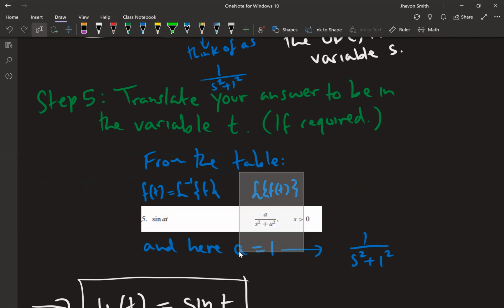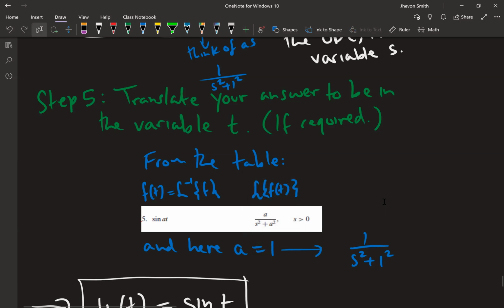Now, here's the thing. Here's one of the drawbacks, and this just gives us something else to ask you to do in an exam: sometimes you get an answer that doesn't really look like anything in the right side of the table, so it requires you to do some work.